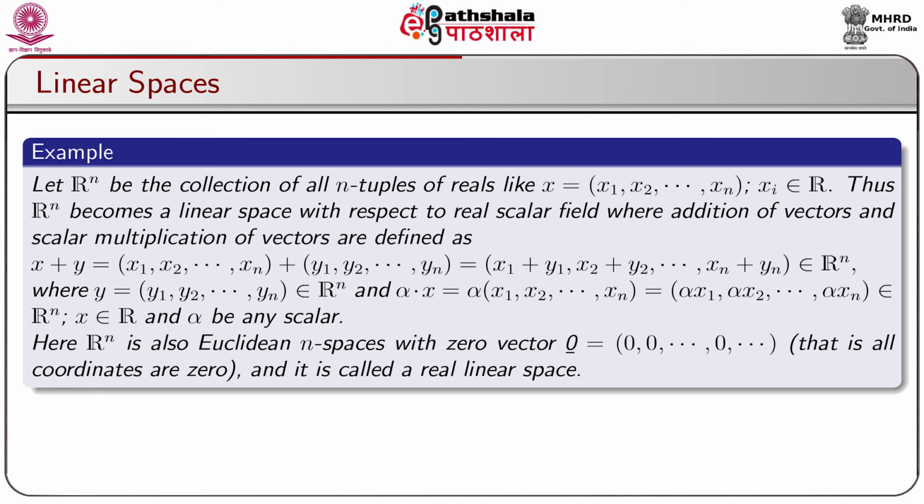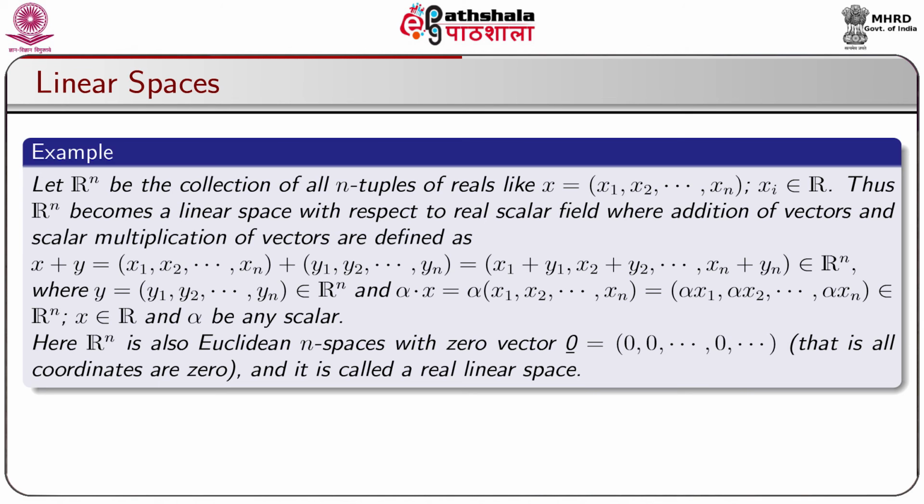So, x plus y is taken coordinatewise, that is (x1 plus y1, x2 plus y2, ..., xn plus yn), which is an element of Rn, and alpha·x is equal to alpha·(x1, x2, ..., xn), which is (alpha x1, alpha x2, ..., alpha xn) belonging to Rn, where x belongs to Rn, x is taken as (x1, x2, ..., xn), and alpha is any real scalar.